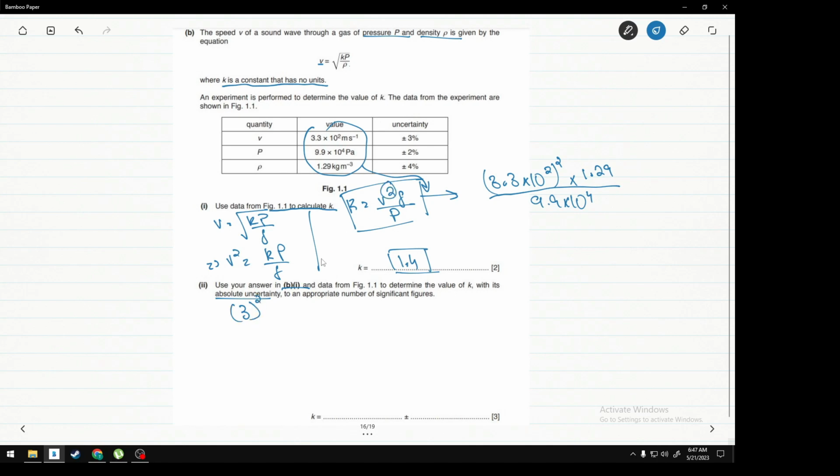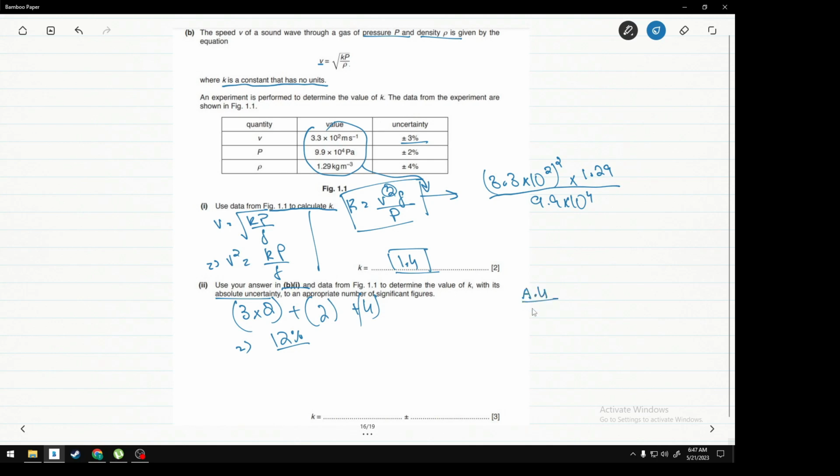Now the equation had V square, so I'm multiplying its error by 2, right? Plus the other uncertainties do not have any power, right? So just 2 plus 4. So the percentage uncertainty of K is 12%, right? 12%. Now, what we can do is to find the absolute uncertainty of K. You know the formula. We have done the formula.